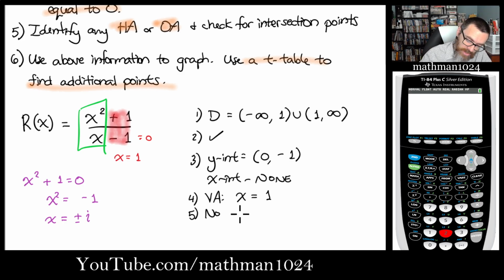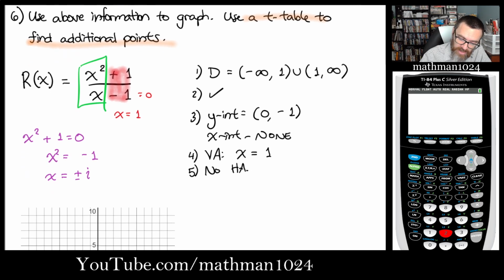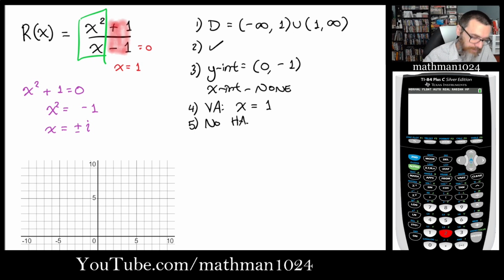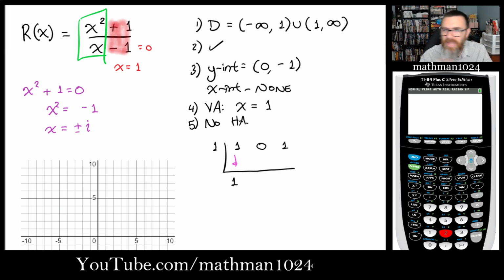So we know that there is no horizontal asymptote, but we're going to do the division to find the oblique asymptote. Now again, I like to use synthetic division if I can. So since I'm dividing by x minus 1, my k value is 1. In my coefficients, I have 1 for x squared, 0 for x, and 1 for the constant. So we bring down the 1, and we do the whole back and forth thing.